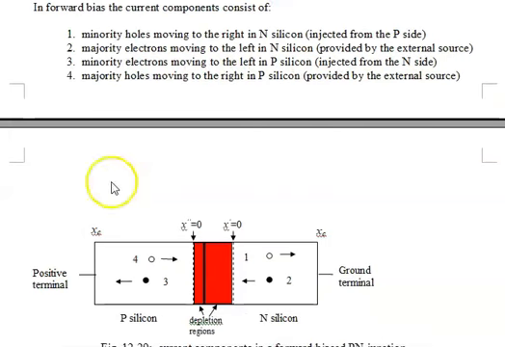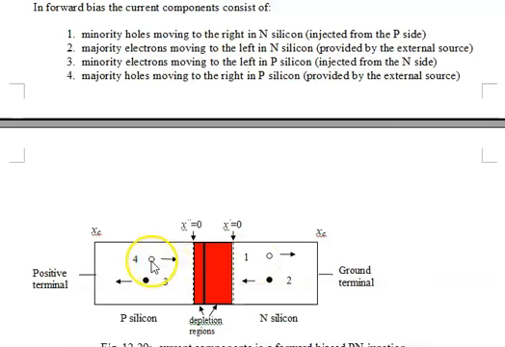Oh, okay, good. So one is minority holes moving to the right in n-type silicon. That's the one we've been dealing with pretty much exclusively.